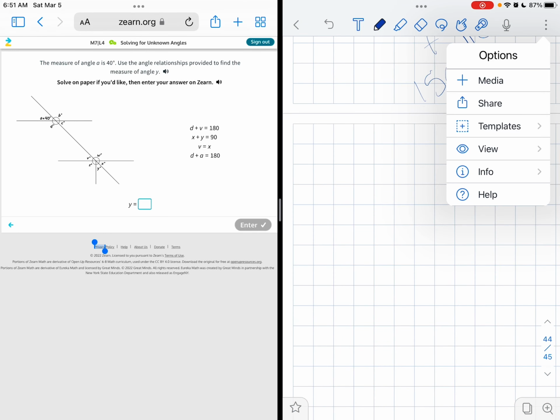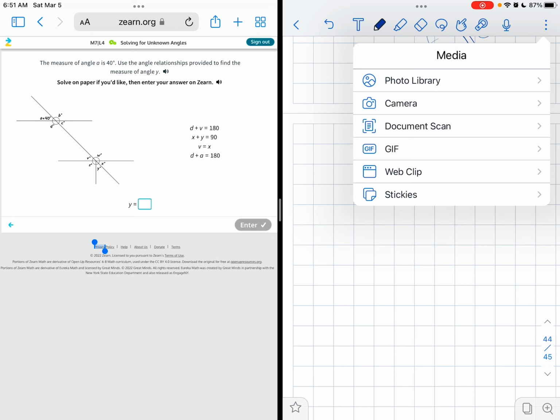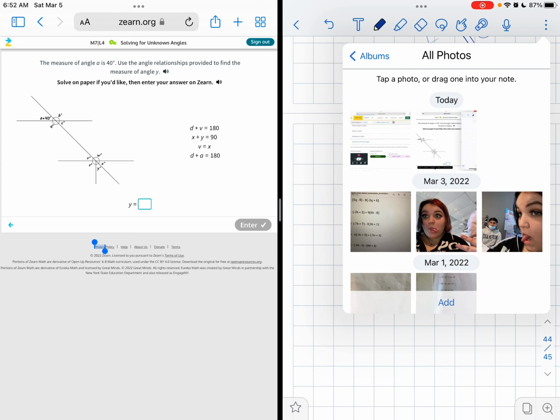So I think we can add that photo here. No, this one.